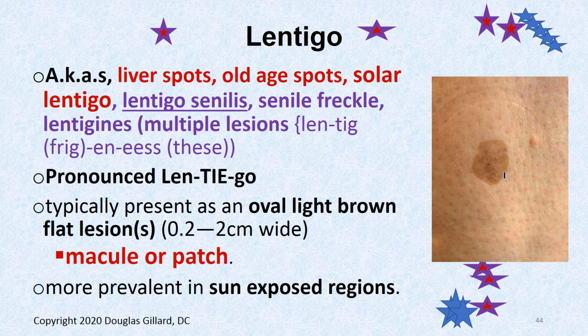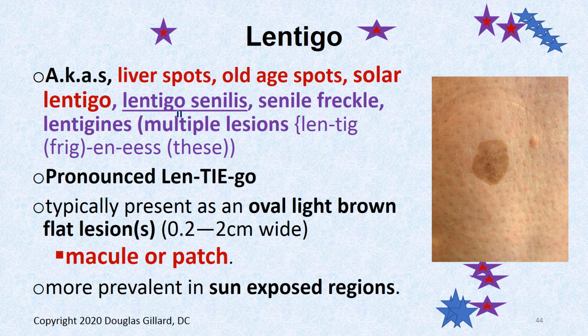All right, lentigo. Got to talk about lentigo. Super, super common. A lot of AKAs. I got plenty of these little spots on me. Liver spots, they're called, because I guess someone thought they look like the color of liver. Old age spots is a really common one. A lot of dermatology authors call them solar lentigo.